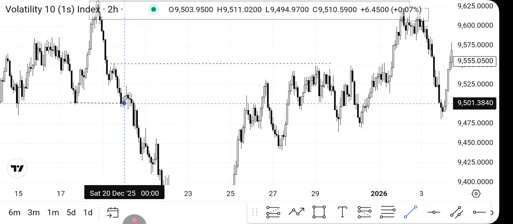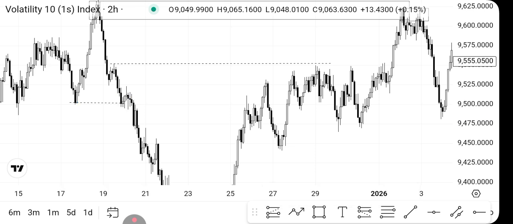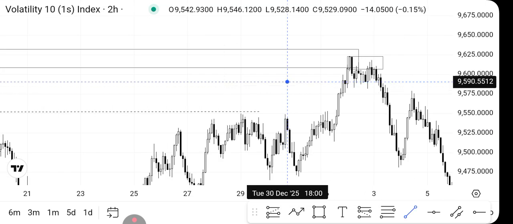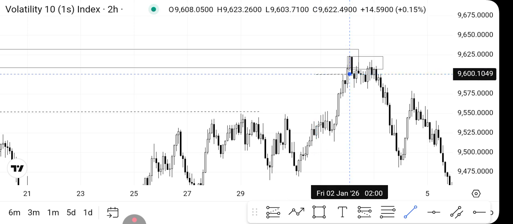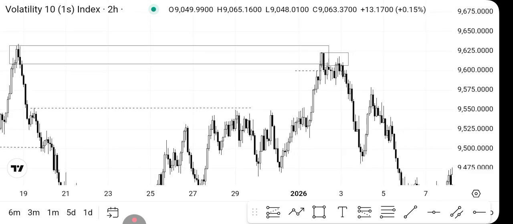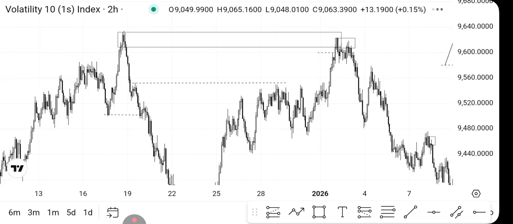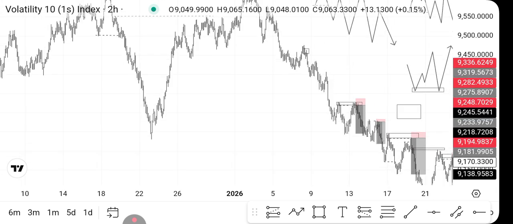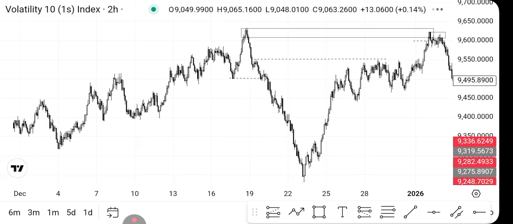Okay. And then the sweep happened here. Consider it swept. Price went into the origin and then started dropping, where it dropped to the low there.